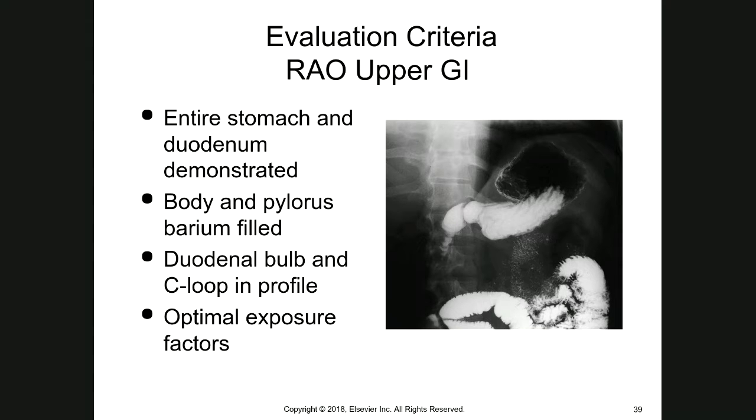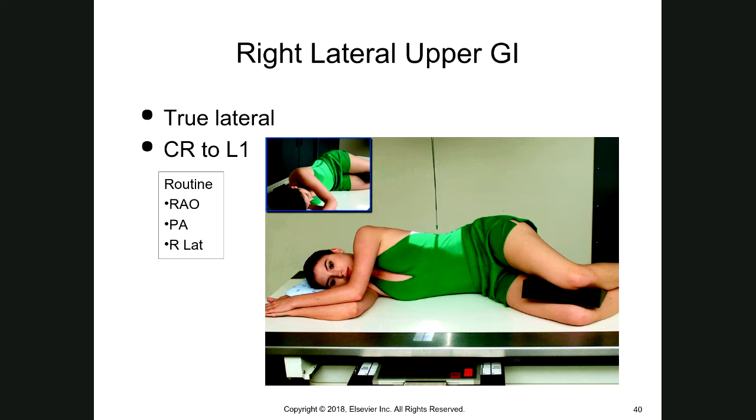The last we do, so far we've done AP, LPO, RAO, and then we do a right lateral. And the right lateral is actually on page 484 of your book. This is the only image that will demonstrate the retrogastric space. Now, what is that?